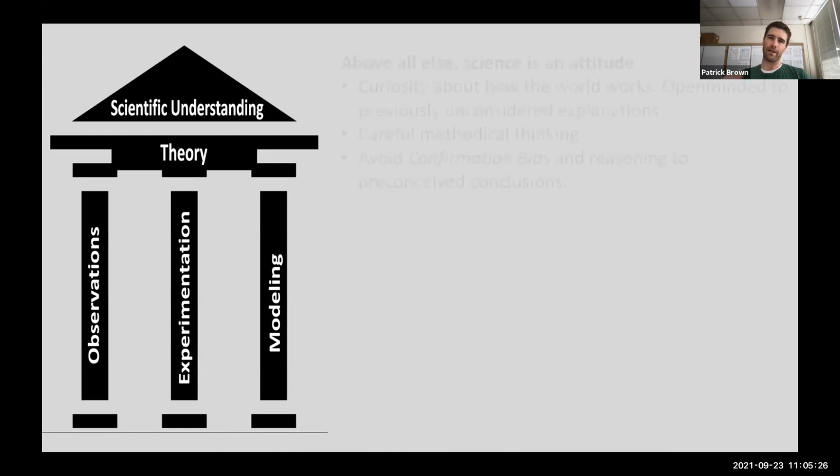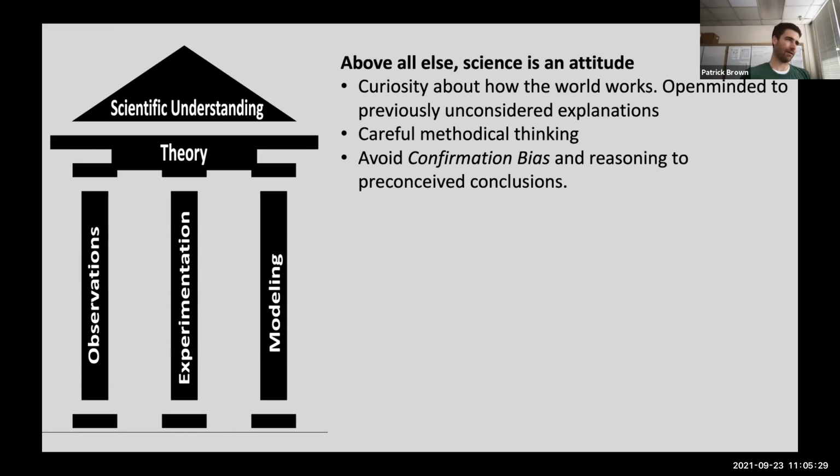One more point about science in general is that I think that above all else, science is really about embracing an attitude of being curious, not being too wedded to your ideas, not being dogmatic. So, curious about how the world works, open-minded to previously unconsidered explanations. And then, when you're designing experiments, you want to be careful and methodical and quantitative when possible, and avoid confirmation bias.